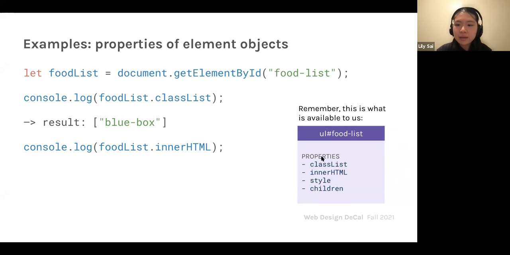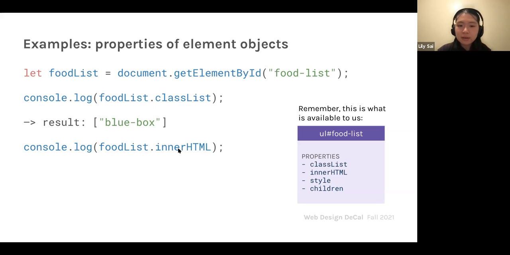By using class list, which is one of the properties, and which we refer to using dot notation, we'll get a list. Within that list, we'll have each of the classes, because you can have multiple classes, but in our case we only have one, and that is blue box. So that's what that will return.